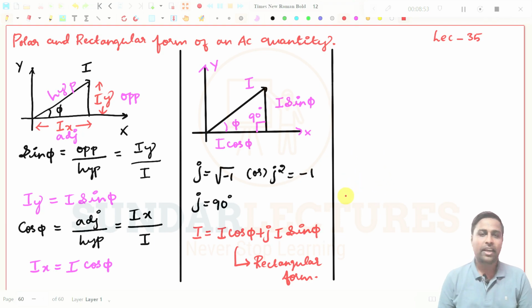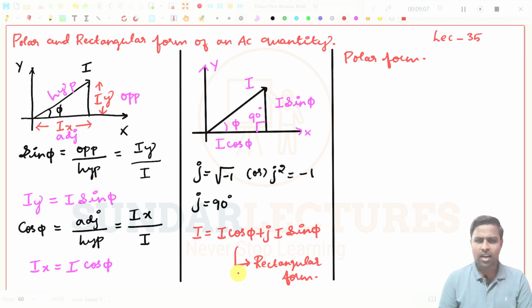So next thing, polar form. What is polar form? If you need to find the polar form, you just rewrite this expression.